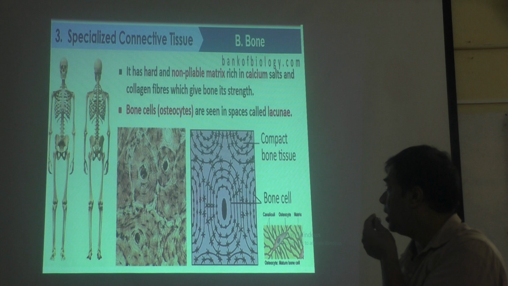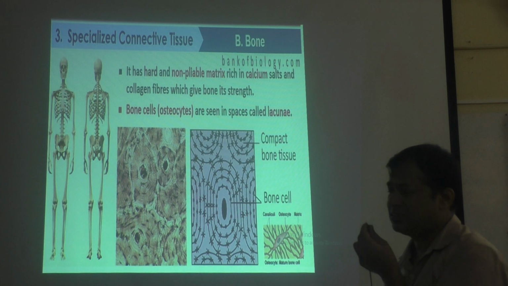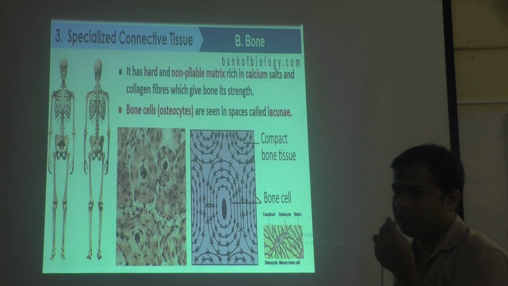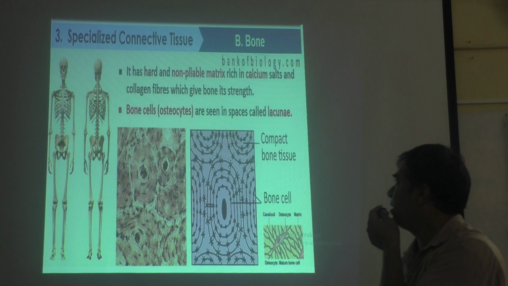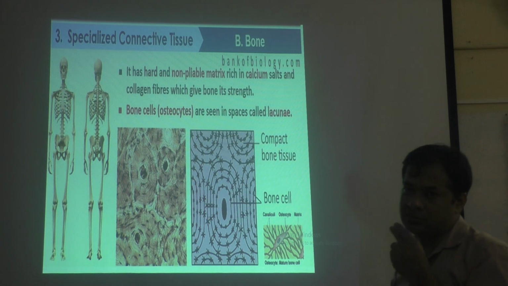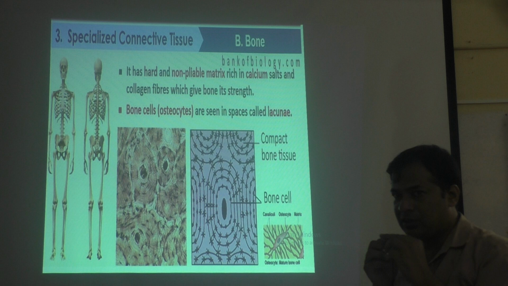Bones are hard and non-pliable, meaning you cannot fold them. They are rich in calcium salts, because bones require calcium for hardening. Collagen fibers give bone its strength, giving tensile strength, which means bone can hold weight.